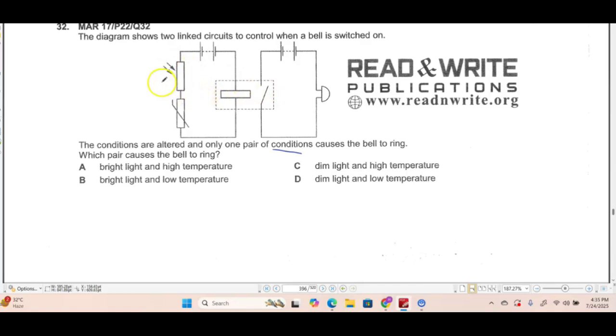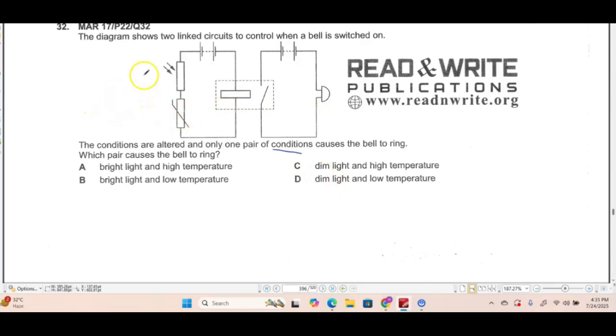Okay, how is this going to happen? The bright light is going to fall on this. Option A states bright light at high temperature. Option B states bright light and low temperature. Option C states dim light and high temperature, and D states dim light and low temperature.